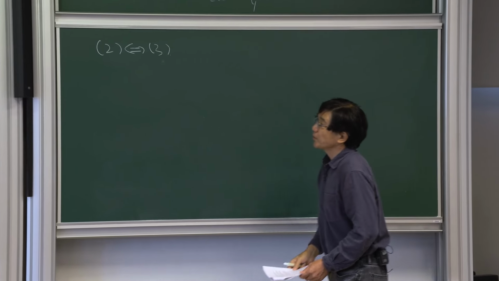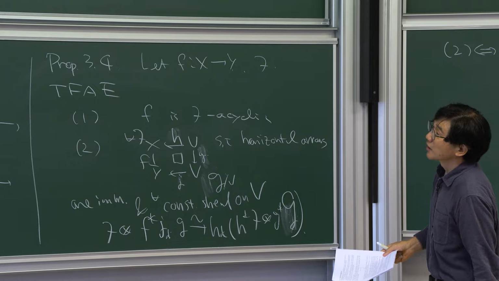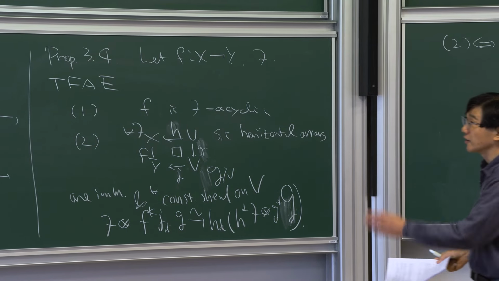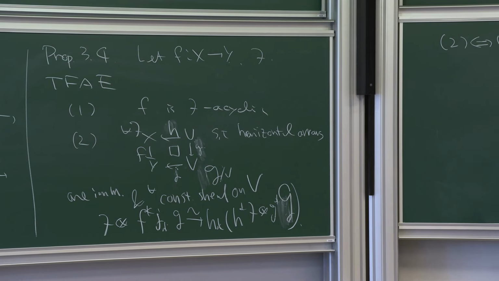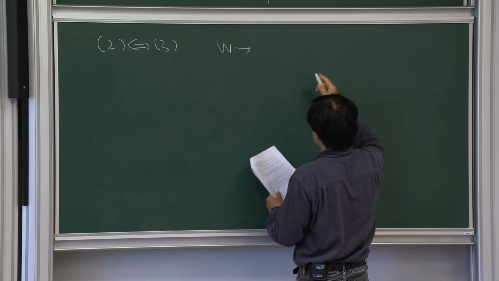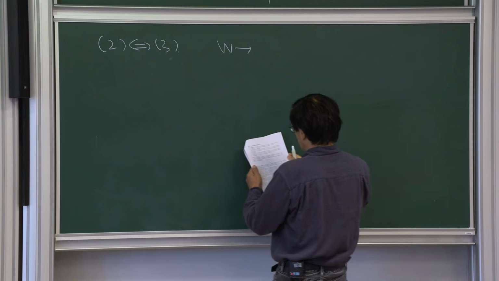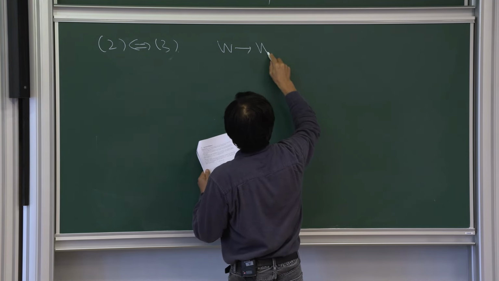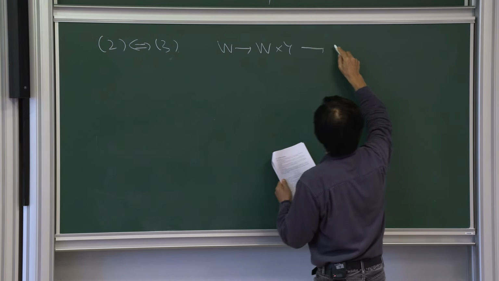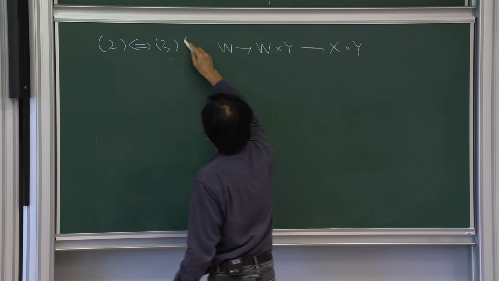Okay, we show the equivalence of this and 3 over there. So this 3 moves from W to X cross Y, but as usual, I decompose it like this.